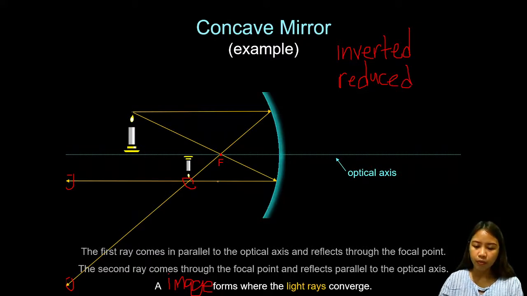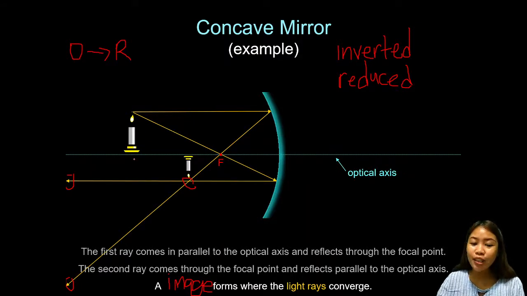Next. Always remember, in mirrors, always remember nga kung diin gani ang object, real na siya nga part. Intindihan? Kung diin gani si object, amo na siya ang real na part. Kung diin gani ang opposite ng object, virtual na siya sa mirror. Okay?